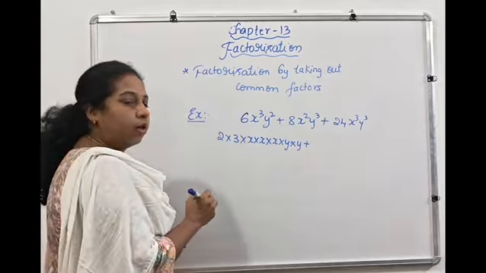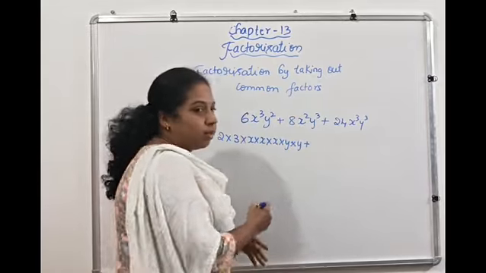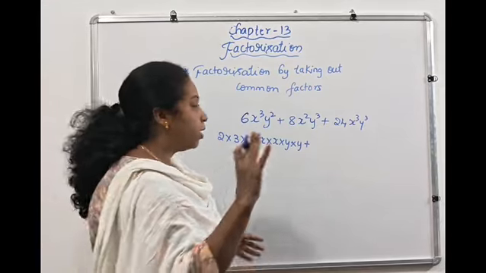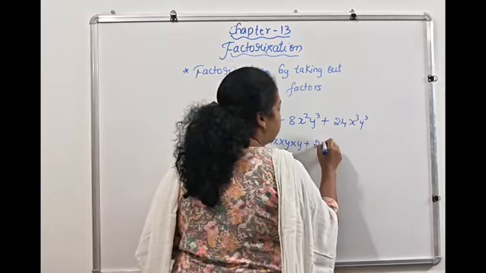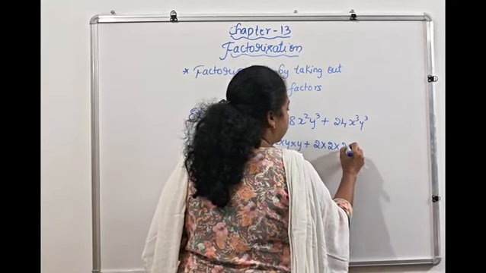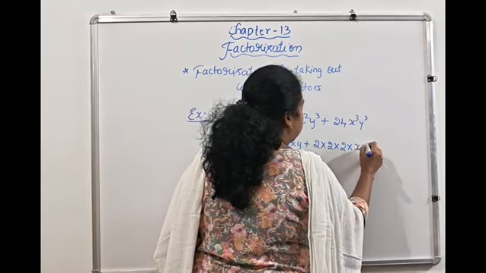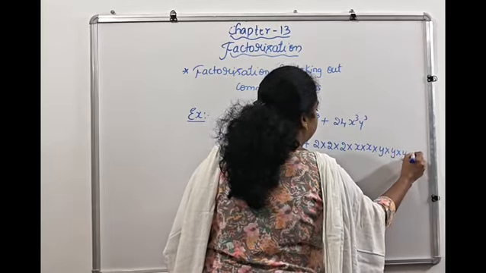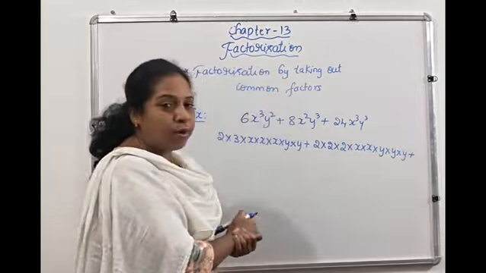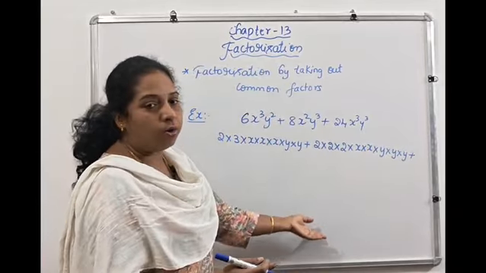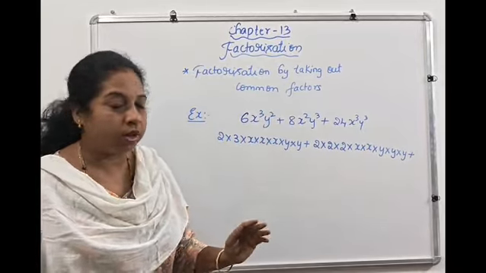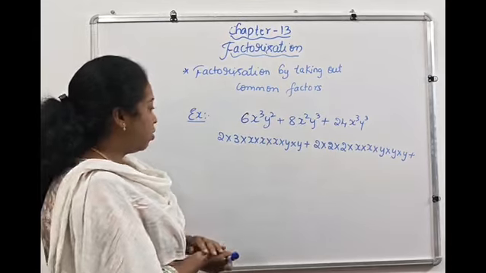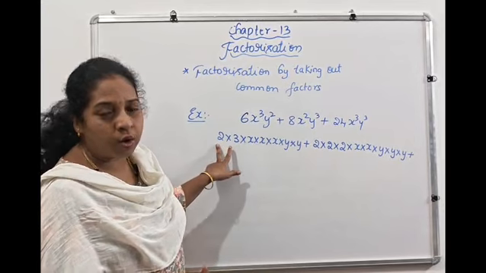Plus 8 is 2 into 2 into 2, which is 8, x 2 times, y 3 times. Plus, there is no space to write, so I'm just writing down 24.